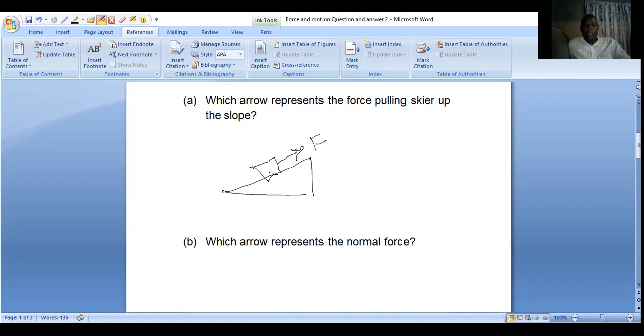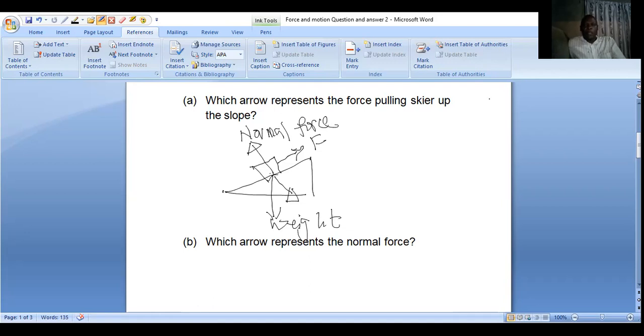Perpendicular to the plane, you have the normal force. And then down, you have the weight. And on the other side, you have the other force, which is opposing the normal force.